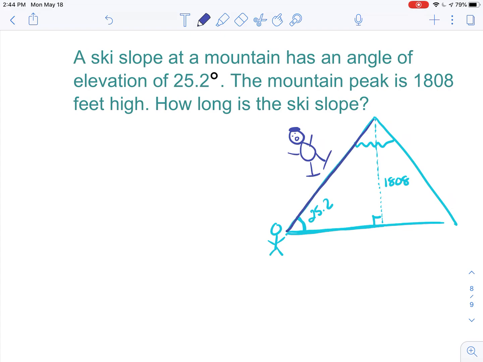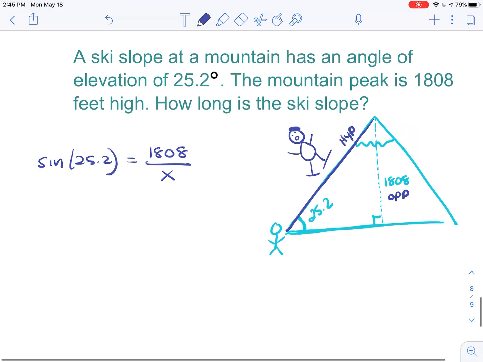Okay, so if we look according to the angle of elevation, 1808 is our opposite side, and the ski slope is our hypotenuse. So we're going to be using sine. So sine of my angle, which is 25.2, is equal to 1808 over x, the distance. Now, this one's a little different, right? The x is in the denominator.